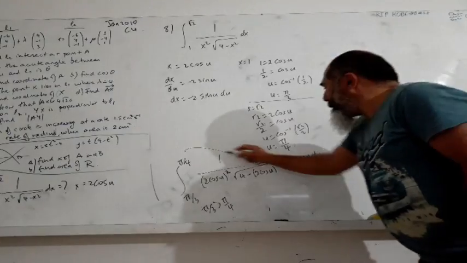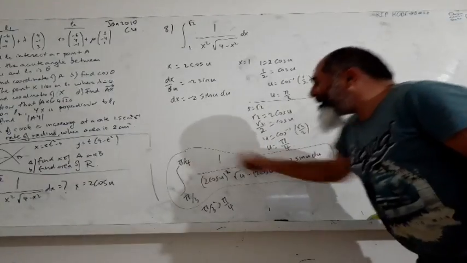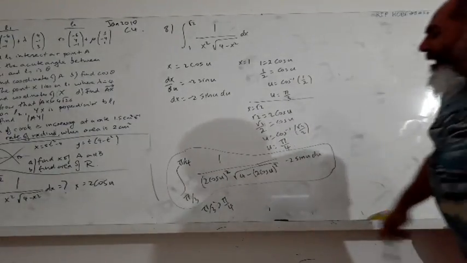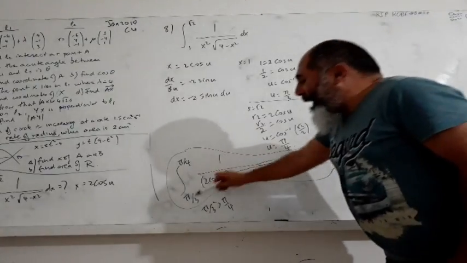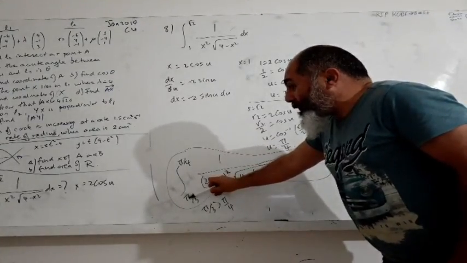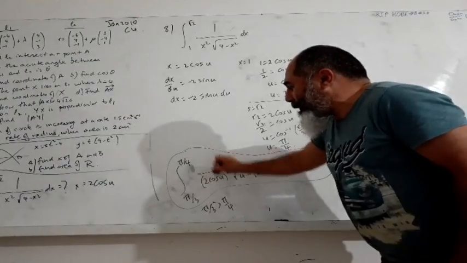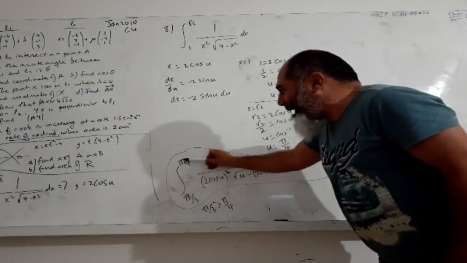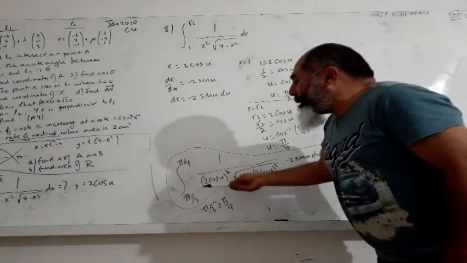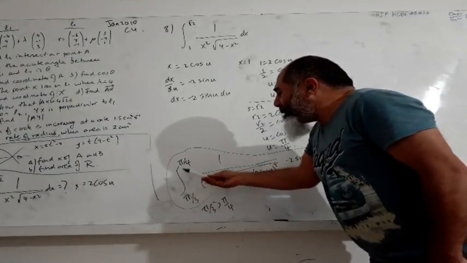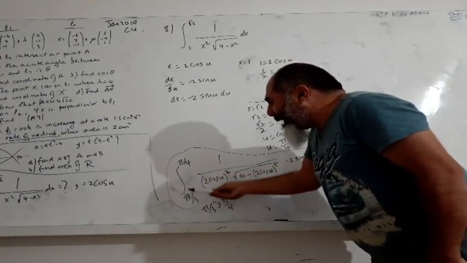Now, here we have to be very careful about the limits here. The limit at the bottom must be smaller than the one at the top. So we have to change their places. How? By putting a minus sign there, I can change the places of the limits.